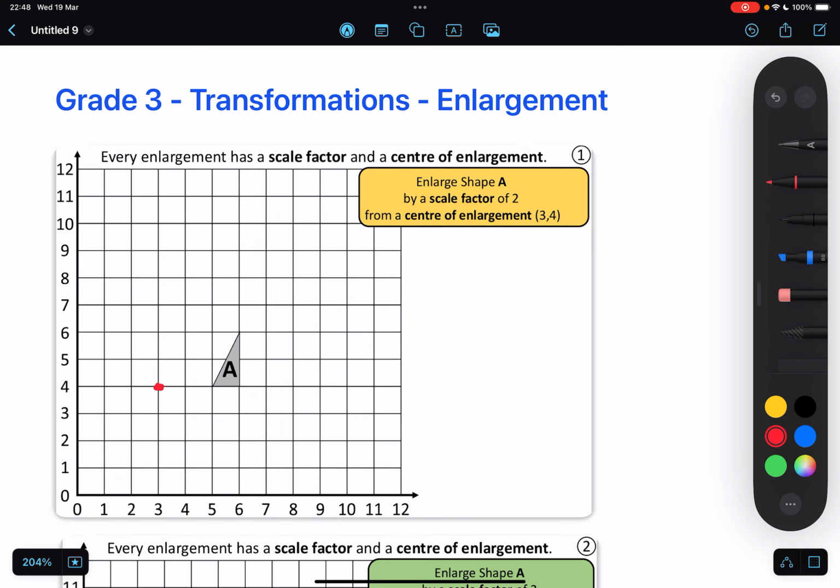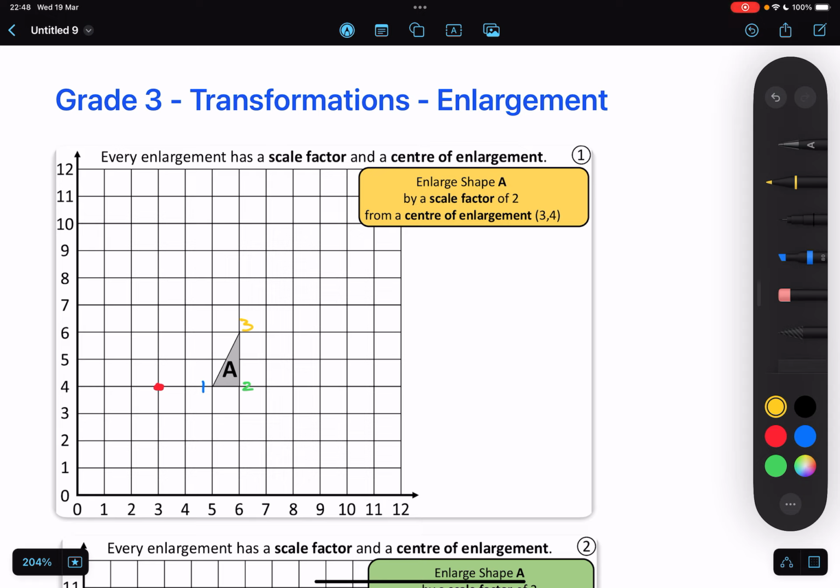Nice and clear. Now, it says enlarge it by scale factor of 2. Now, this is how we're going to do it. We've got our center of enlargement and our shape is a triangle, so it has 3 points. So I'm going to say point number 1, point number 2, and point number 3.